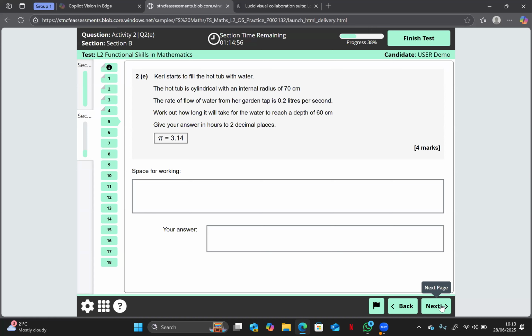So we need to work out what the area of this cylinder is.